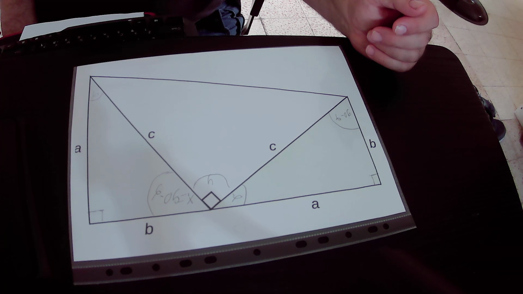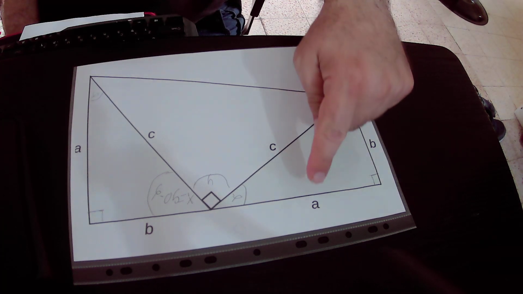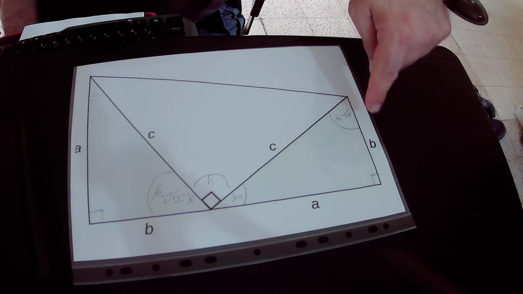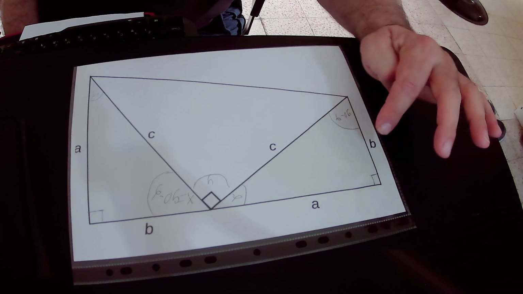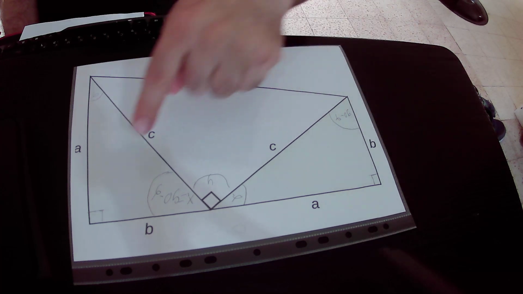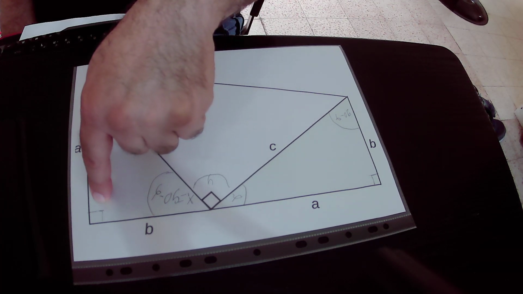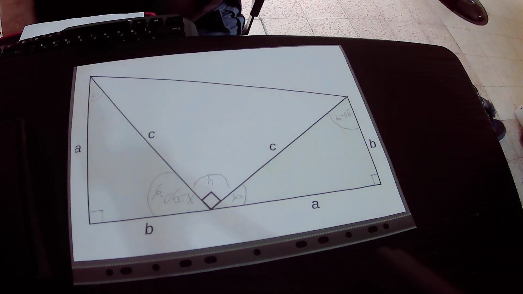if two triangles have two sides that are equal to each other, A equals A and B equals B, and also the angle between these sides is equal to each other, the angle between A and B is 90 degrees, and so is the angle between A and B, 90 degrees, so the triangles are congruent.